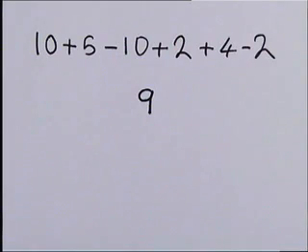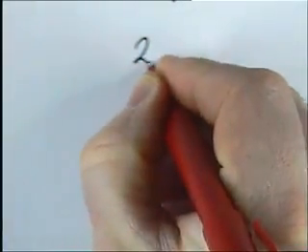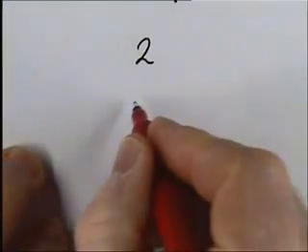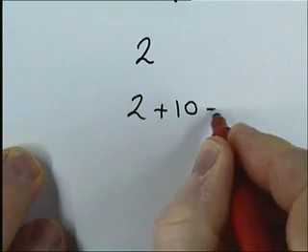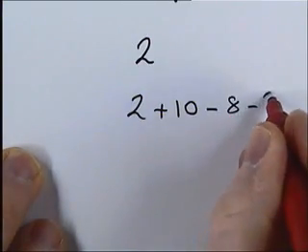We can also go the other way. We can start with an expression, something as simple as the number 2, and we can make it more complicated. We can make it less simple. You do that, but you have to keep the expression the same size. So for instance, I could say 2 plus 10, take away 8, take away 2.